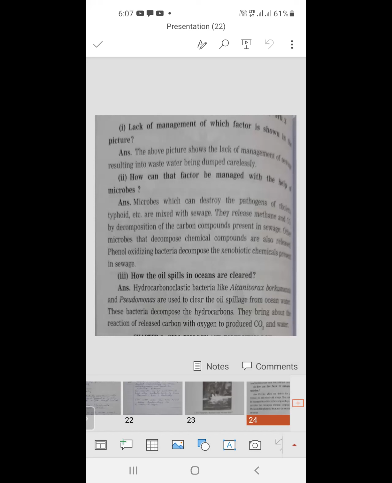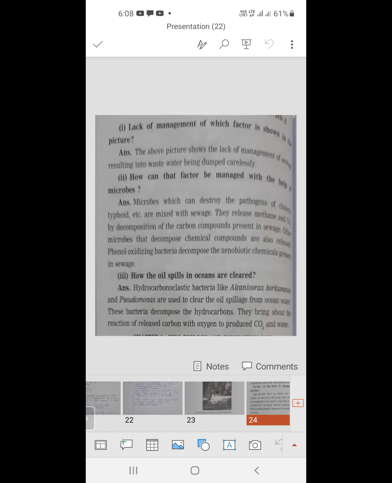By decomposition of the carbon compounds present in sewage, other microbes that decompose chemical compounds are also released. Phenol oxidizing bacteria decompose the xenobiotic chemicals present in sewage. This answer is expected for this question.